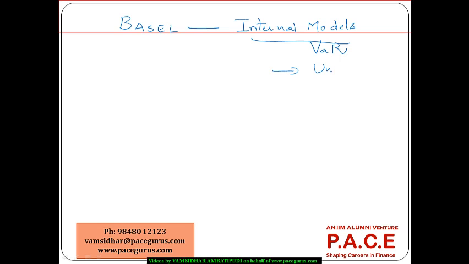Even more, if you look at Basel, which is a standard for the banking industry, they have said that banks can actually use internally built models for computing the value at risk. Now, think of this bold step which has been taken by Basel. They can use their own internal models. There is a very strong possibility that the banks are going to understate the risk.